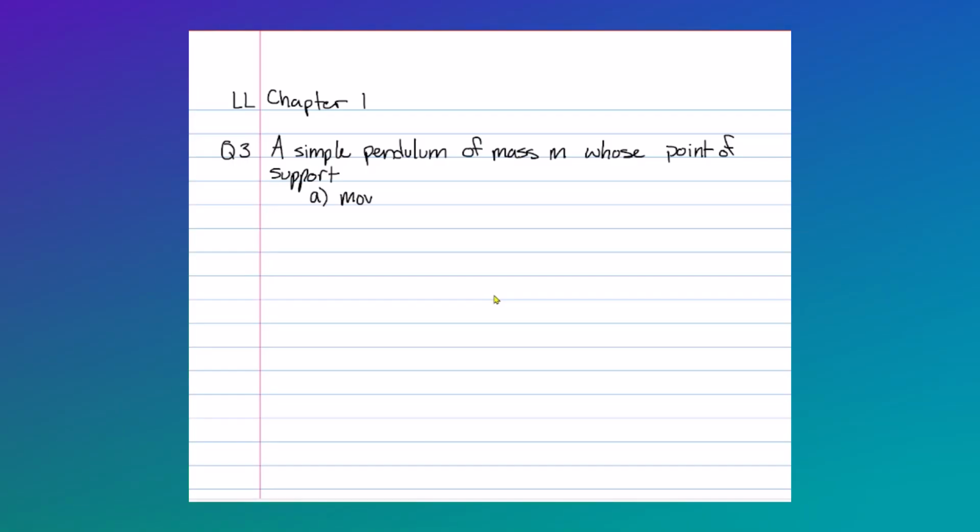The first path that we'll be considering is that the support moves uniformly in a circle that is vertical.